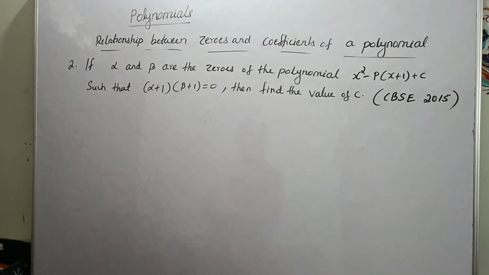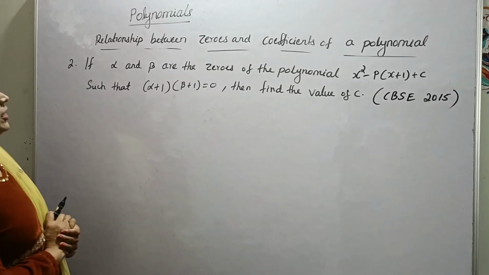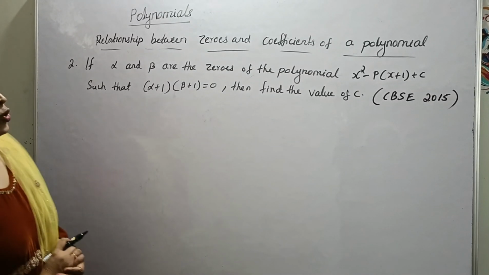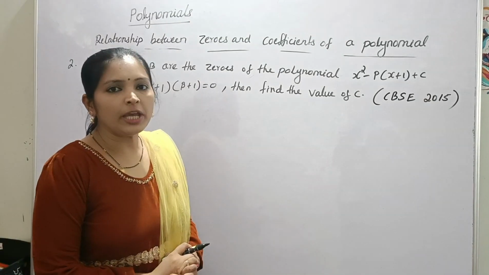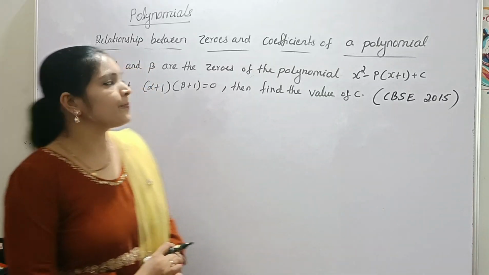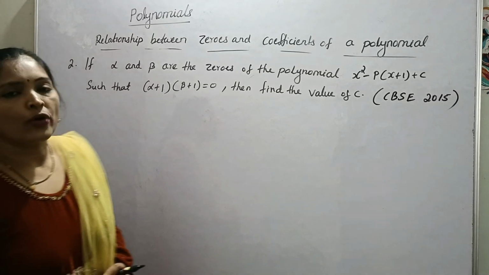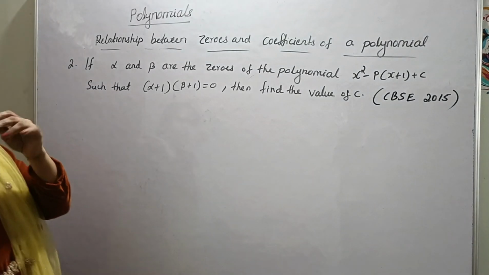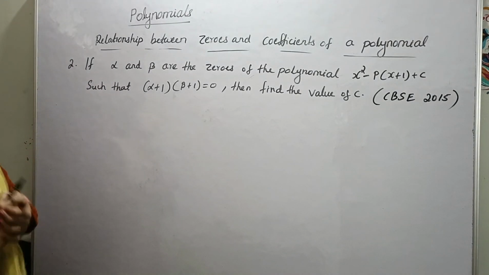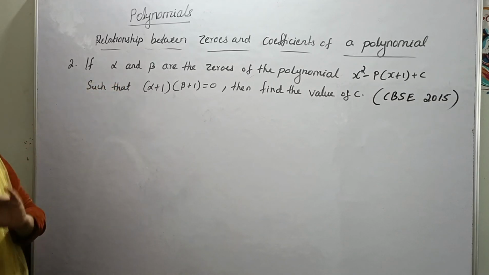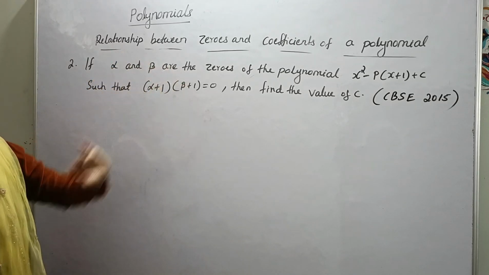Look at this question, a very important question. If alpha and beta are the zeros of the polynomial x square minus p into x plus 1 plus c, such that alpha plus 1 into beta plus 1 is equal to 0, then find the value of c. First of all, we have to apply the relationship between zeros and the coefficients.